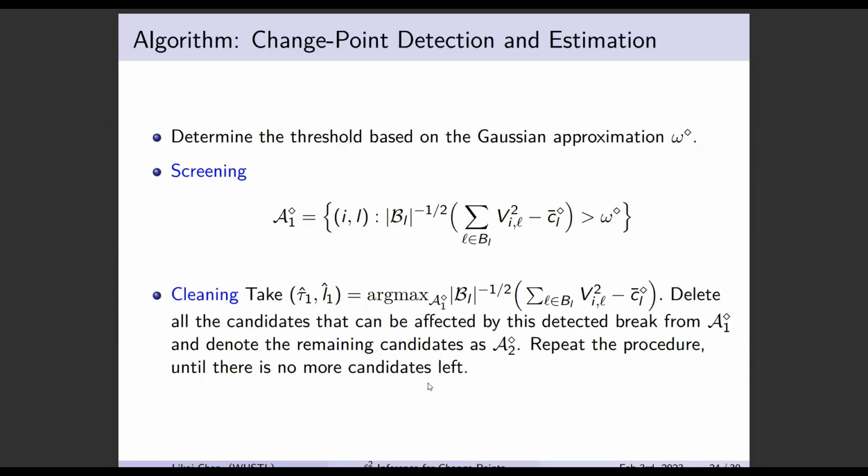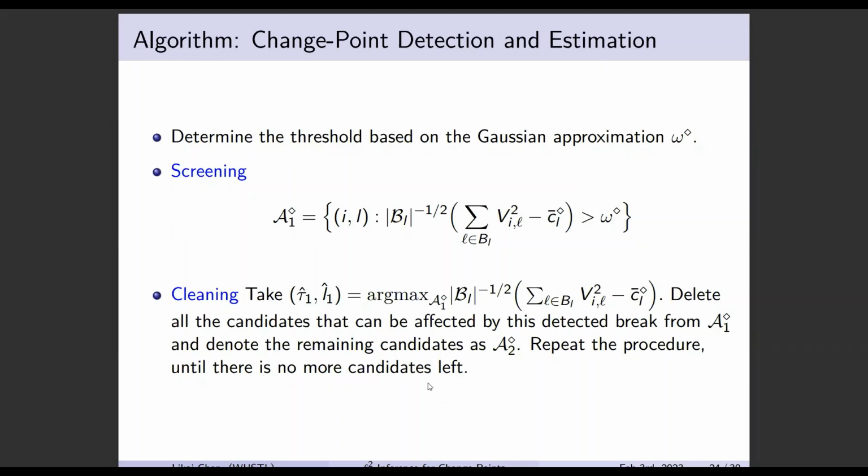Here is a very brief outline of our testing scheme. What we need to do is quite simple. We collect all the candidates I and L, where I corresponds to the time location and L corresponds to the spatial location B_L, such that the statistic at this location exceeds the threshold.